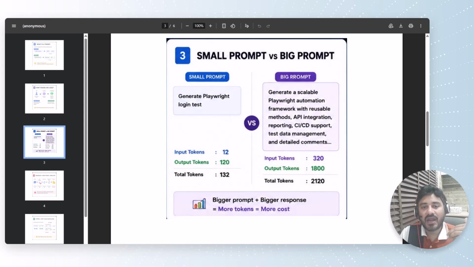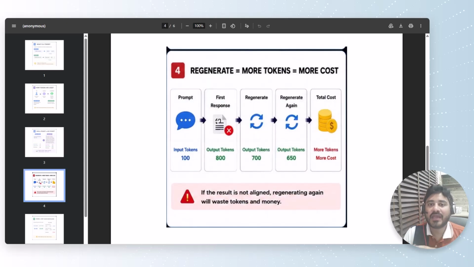Because the prompt is large, AI may generate huge code, large explanations, detailed framework structure, and unnecessary output, which increases output tokens significantly. And this becomes very important when teams use AI heavily every day because token usage grows much faster than most people expect.